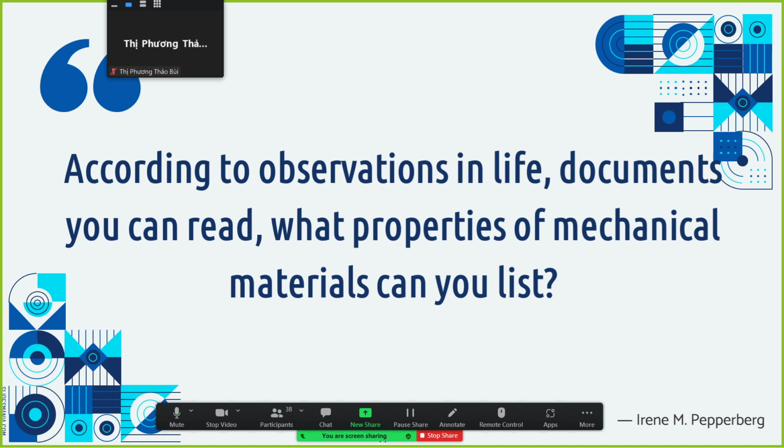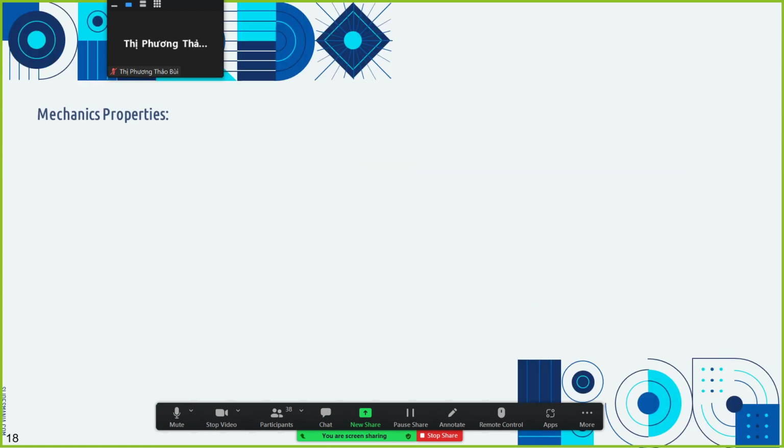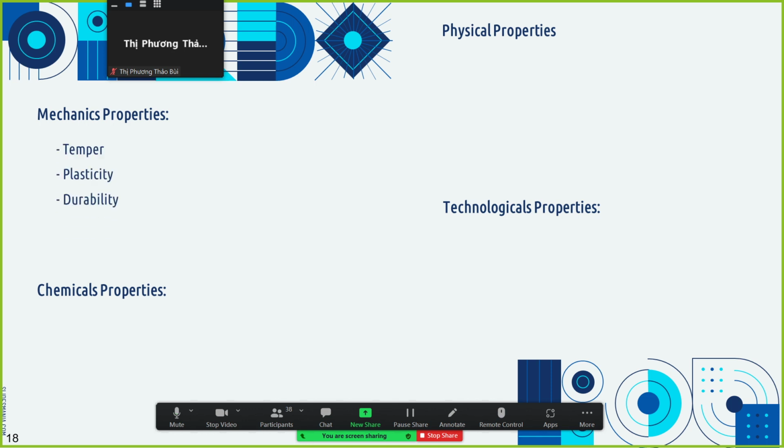According to observation in life and documents, you can read what properties of mechanical materials you can list. We have four basic properties: mechanical, chemical, physical, and technological properties. The first includes temper, plasticity, and durability.